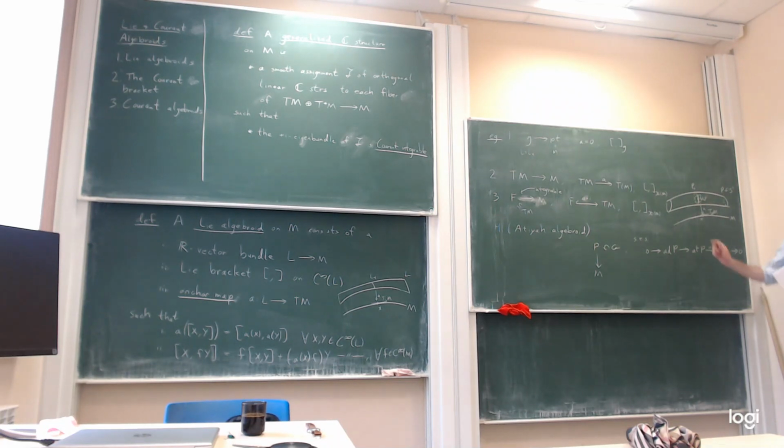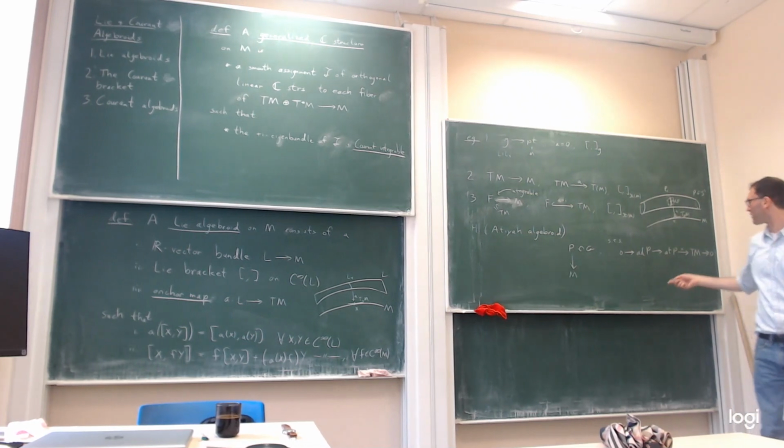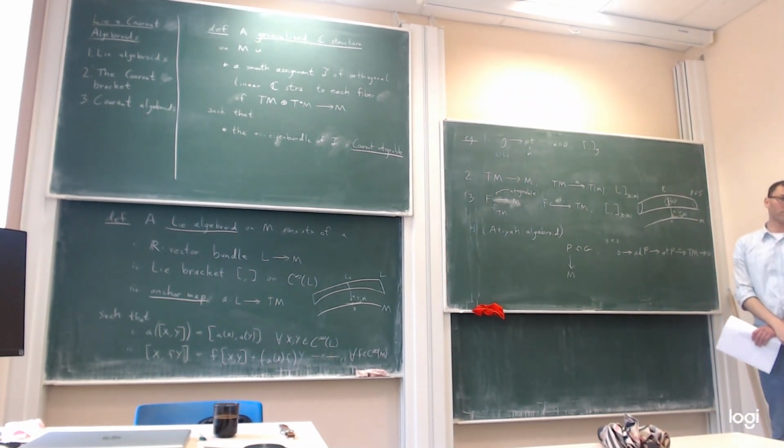I believe that sections of At P should be G invariant vector fields on P. We just take their bracket in the tangent bundle of P. And that's going to be G invariant. In other words, it's going to give us a section of the Atiyah bundle, and that gives us our bracket. Are there any questions?